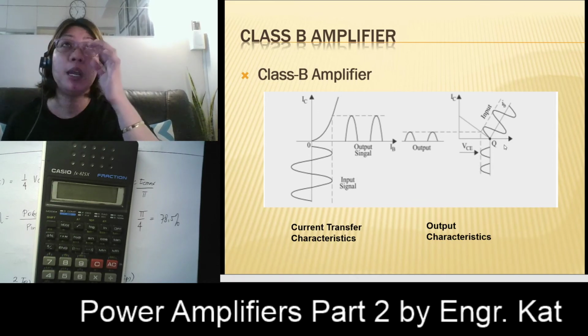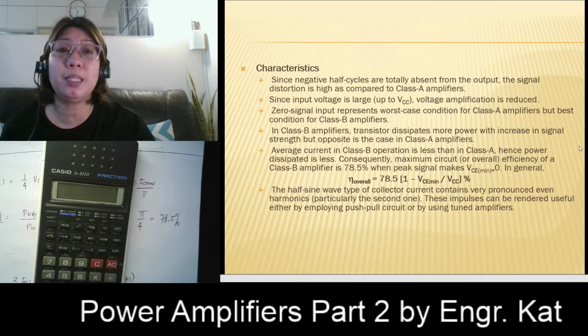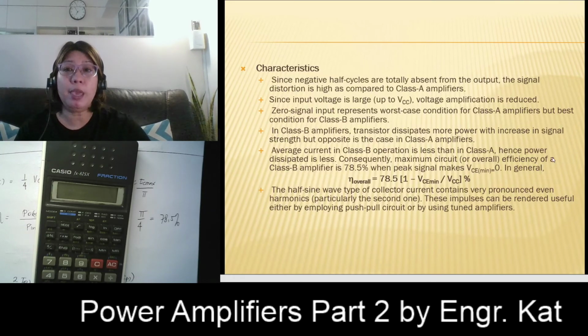Therefore, at zero signal condition, your transistor is not dissipating any power. So for Class A, it is the worst condition, but for Class B, it is the best condition because the transistor itself is not dissipating power during this instance.